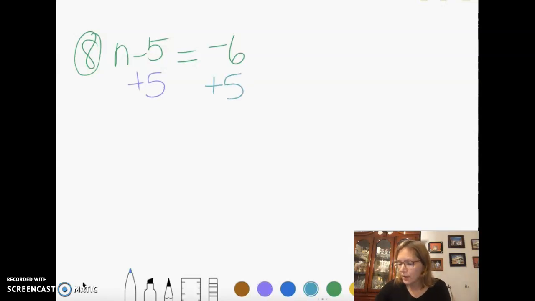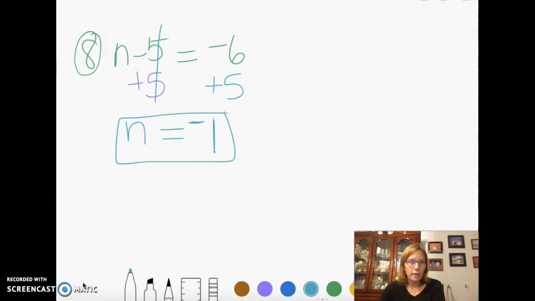Okay, so -5 plus 5 cancels each other out, and I'm just left with an n on this side. And then -6 plus 5. The signs are different, so I subtract. 6 minus 5 is 1. The answer takes the sign of the bigger number. 6 is bigger, and it's negative, so my answer is -1. n = -1.